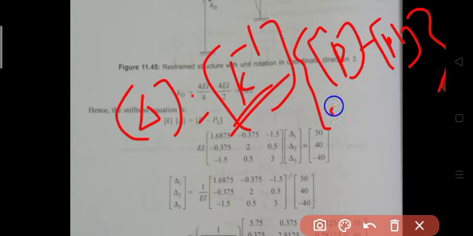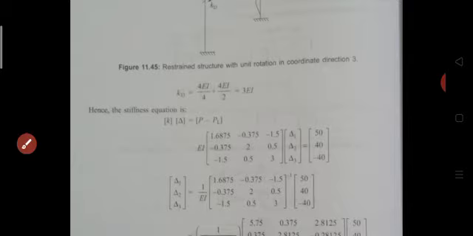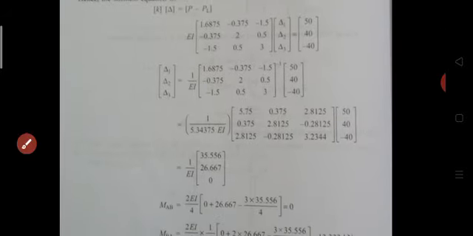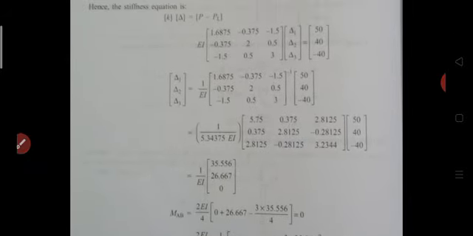Substitute the stiffness matrix, the final force, and the P dash value, and you finally get this delta matrix: sway displacement delta, theta B and theta C. After solving this you get the final displacements.